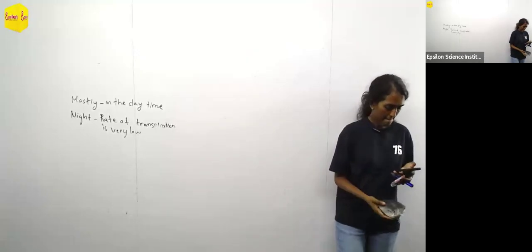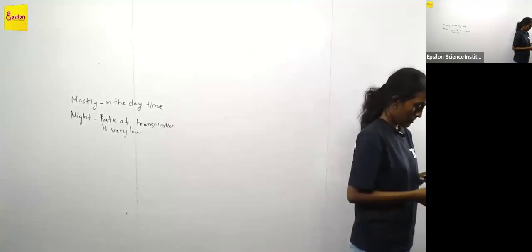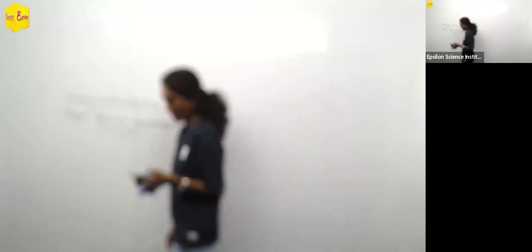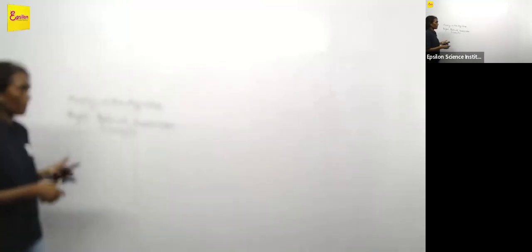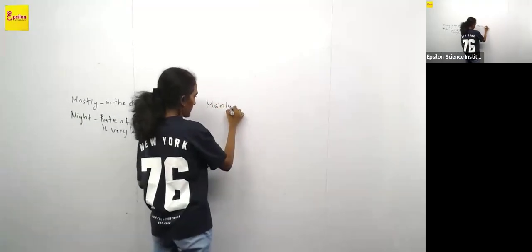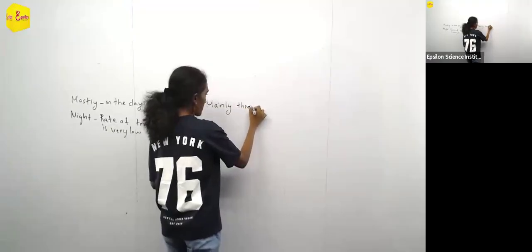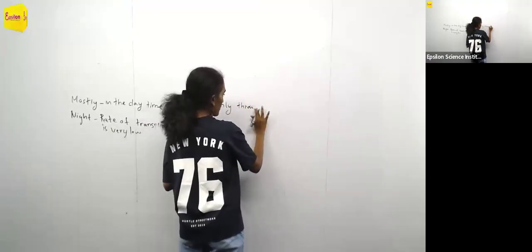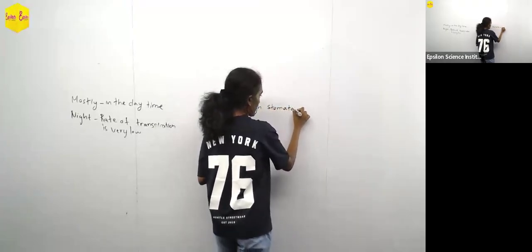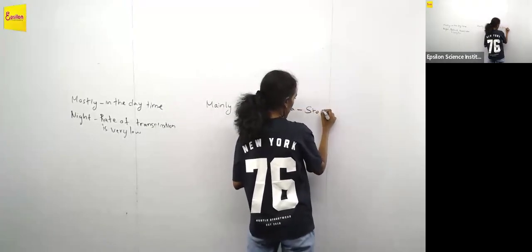The water loss in plants takes place mainly through stomata. That is called stomatal transpiration.